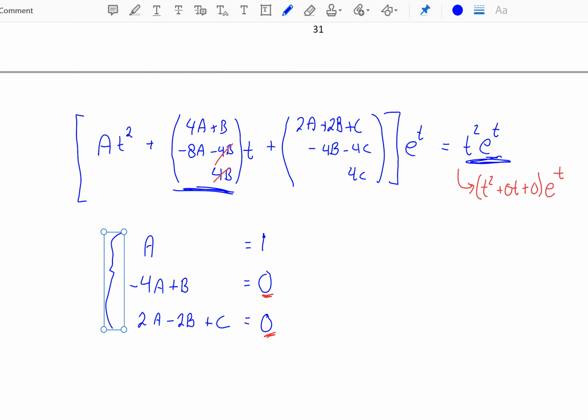And you can use methods of chapter 3 with determinants and inverses to solve this. However, I think in this example, it's easier just to use a substitution. From this first equation, we should see that a has to equal 1. Of course, if a is equal to 1, the second equation says b has to equal 4.